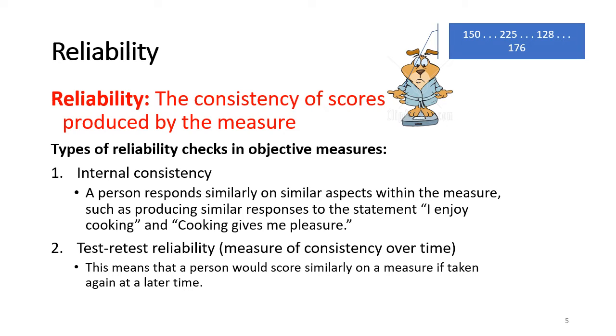If we weren't getting similar results on these items that are very similar, then we might have poor internal consistency in this measure, which we would deem to be unreliable. Secondly, we want to have test-retest reliability. It means that we will produce similar results over time. So if the measure was taken again at a later time, would the result they produced be similar?